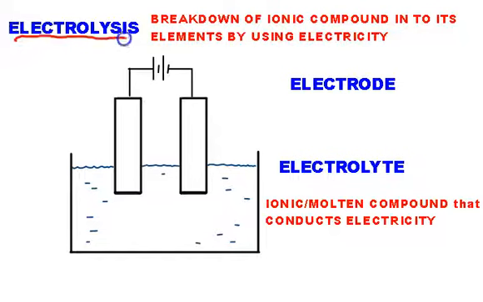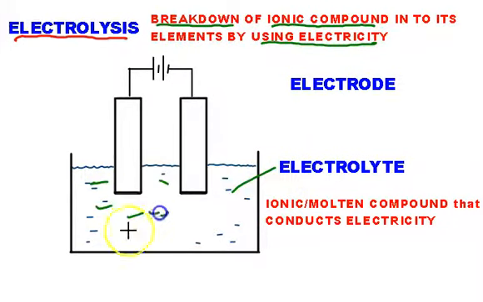Okay, for electrolysis, here is the explanation that I have made. It is a breakdown of an ionic compound into its elements by using electricity. Now this is what we call an electrolyte.